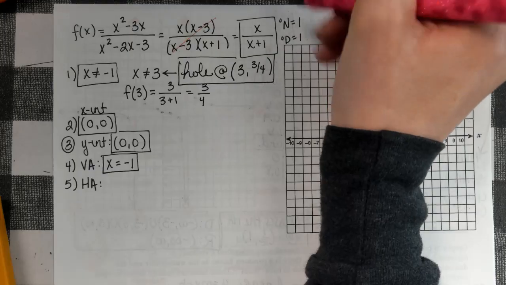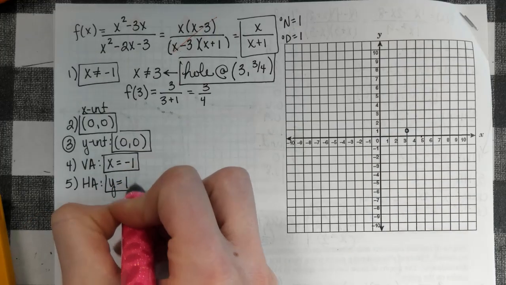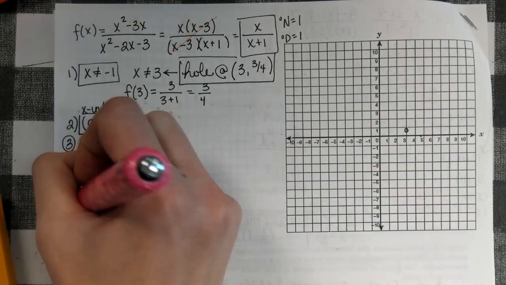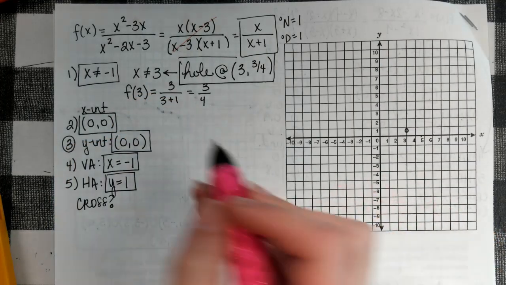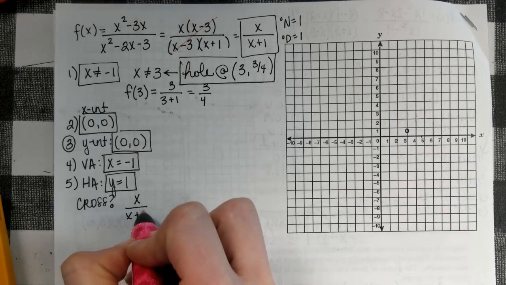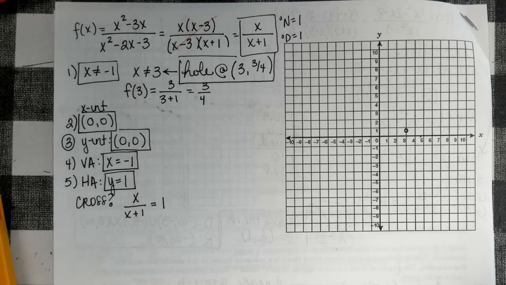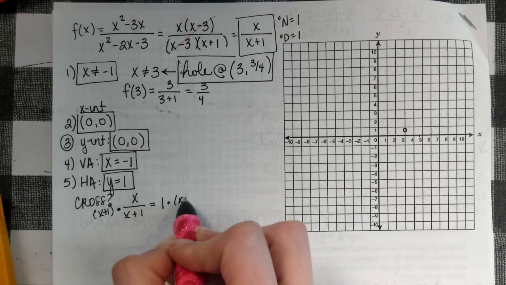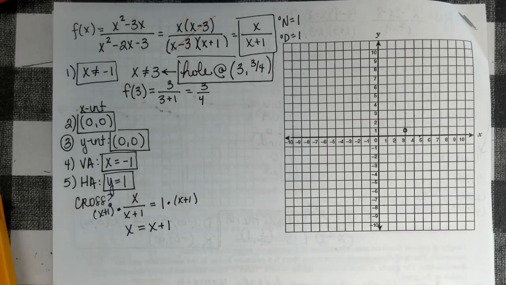equal. So I take my coefficients, 1/1, which is 1. So then we need to check, does it cross? So I take x over x plus 1 and set it equal to that value of 1. Multiply by x plus 1. x equals x plus 1.